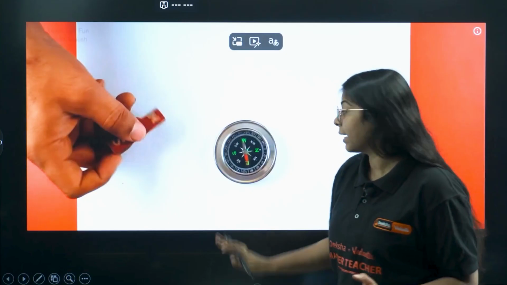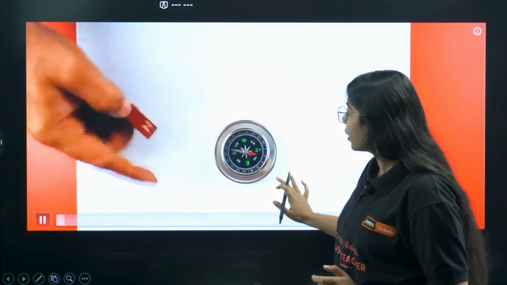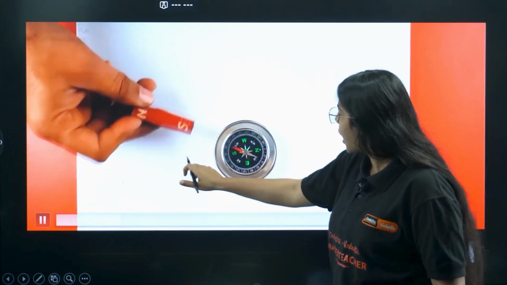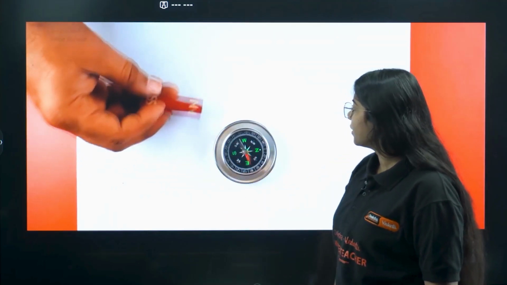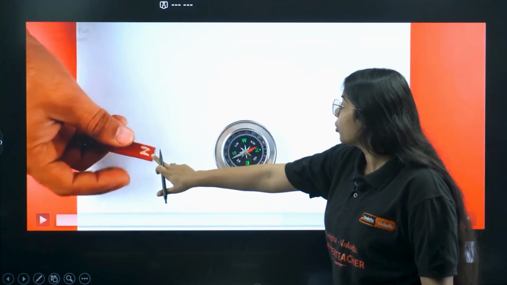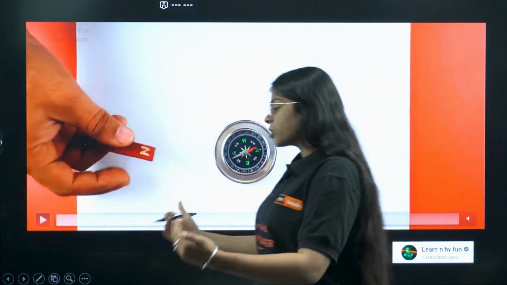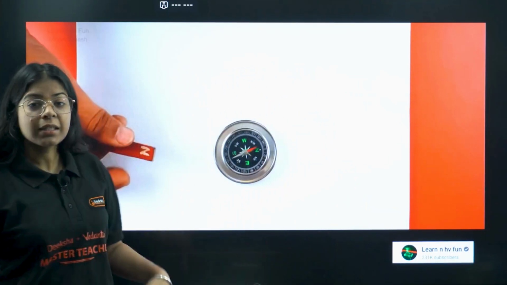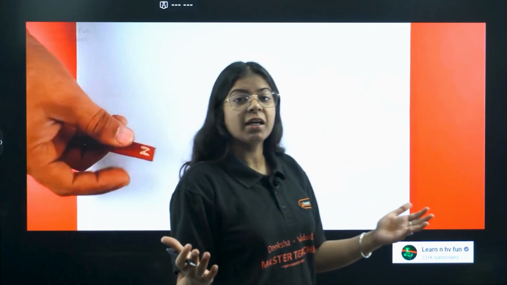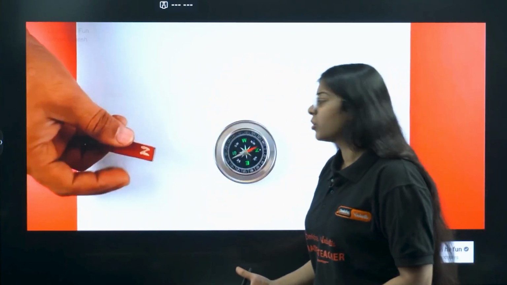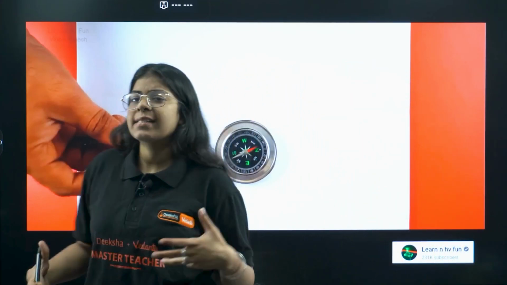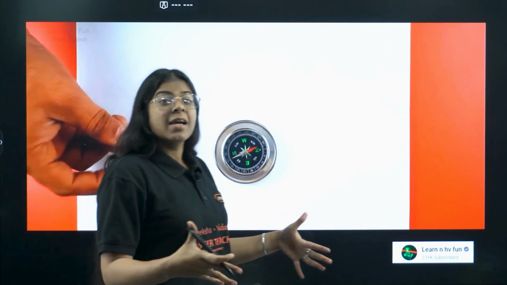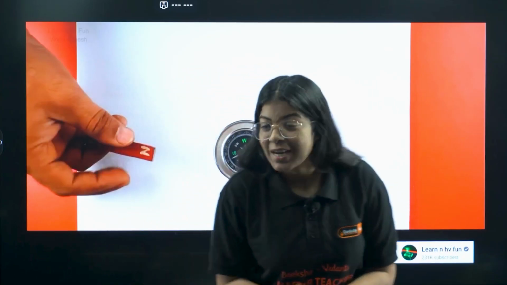But the main thing that you need to look at here is, if I put the south pole, the red part of the needle is getting deflected in this direction, but if I put the north pole towards the compass, the other side of the needle is getting attracted towards our magnet. So what exactly is happening, and why is this happening, is what we are going to study today.